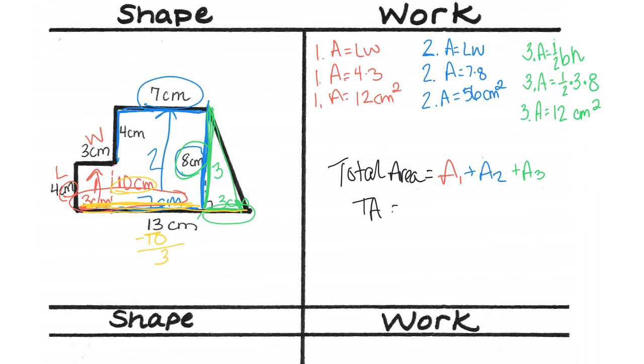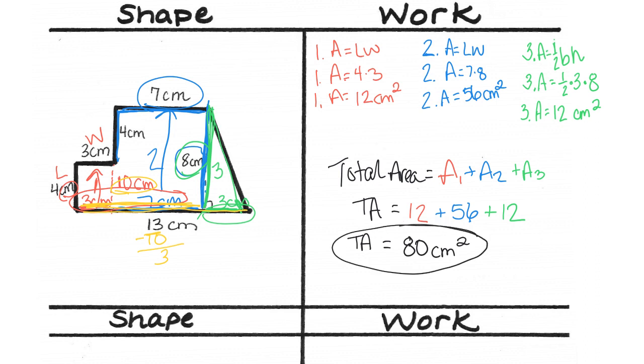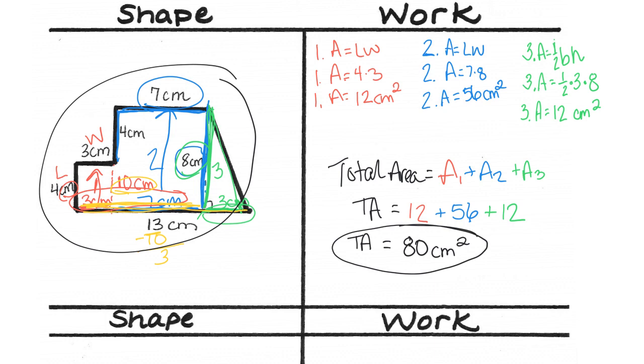So total area is 12, and then area 2 is 56, and then area 3 is also 12. So we plug that into our calculator. So 12 plus 12 plus 56 is 80. And don't forget, it's centimeters squared. So now this is the area of this irregular shape, of this whole shape. Okay?